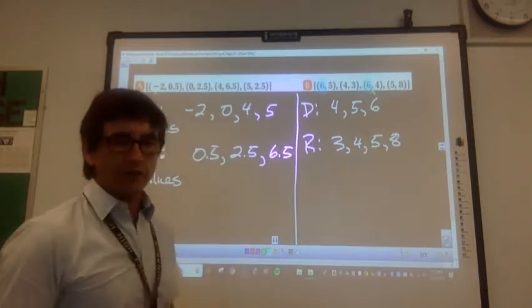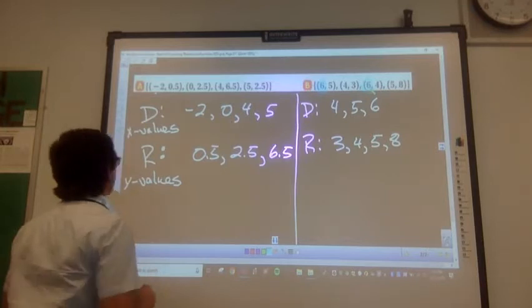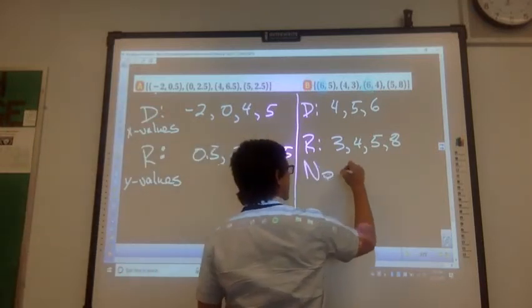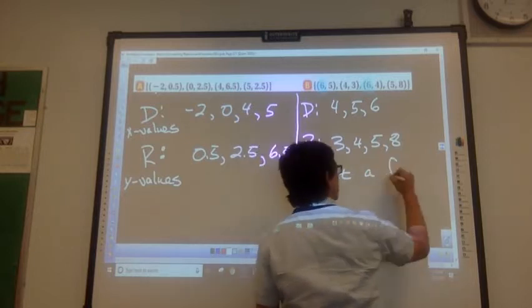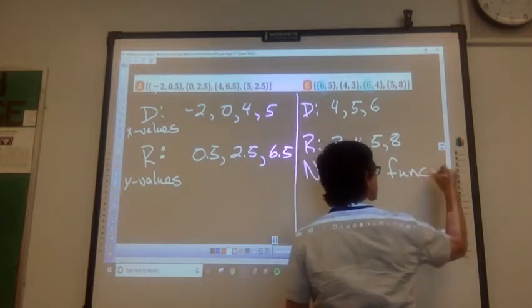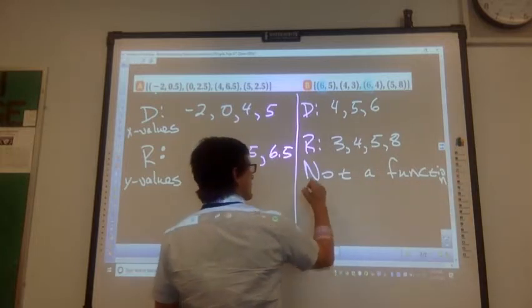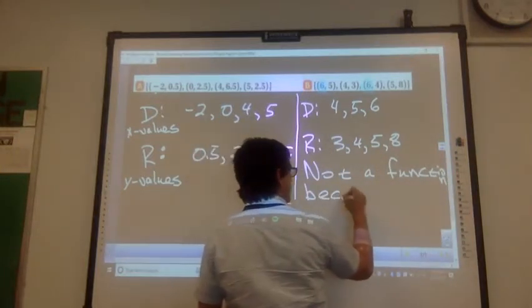If it is not a function, you do not need to do a mapping diagram. So it's not a function. Because x values repeat.